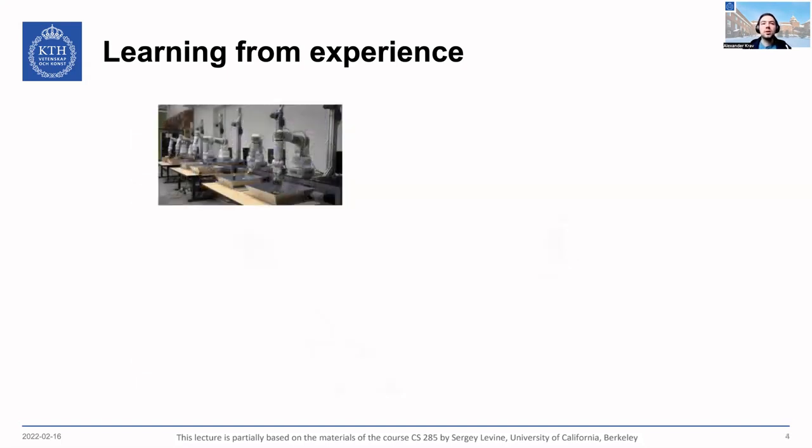So in a very simple scheme, here would be a number of robots collecting the data, or a number of other reinforcement learning agents, for example, the AI playing the game.